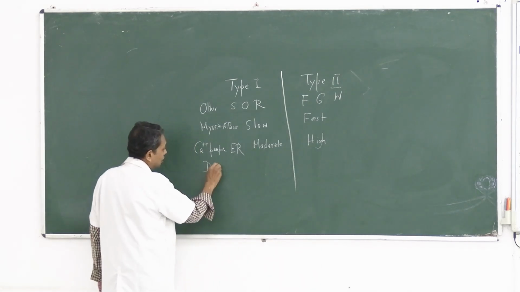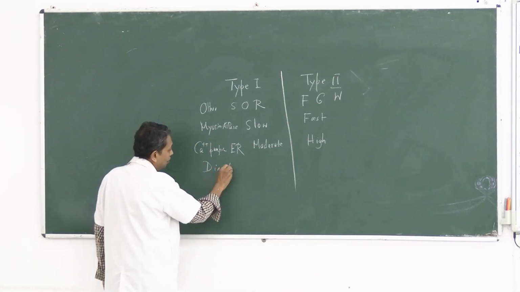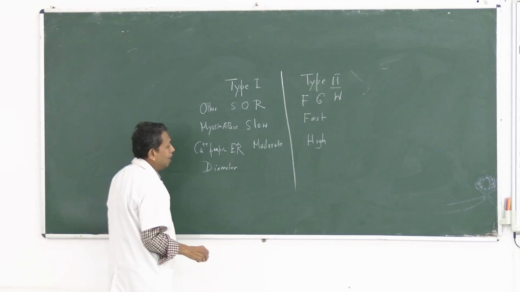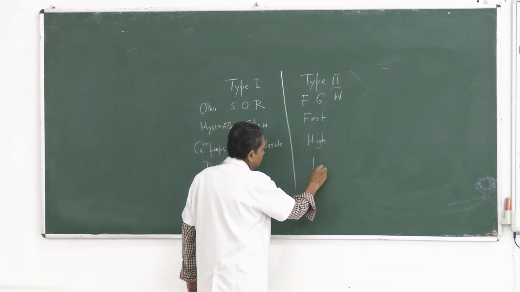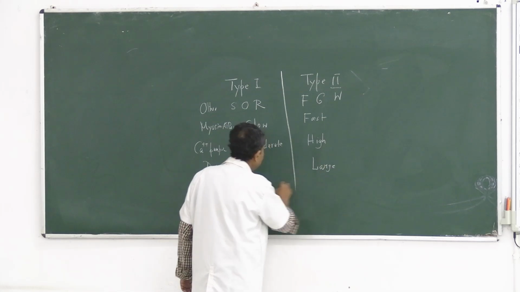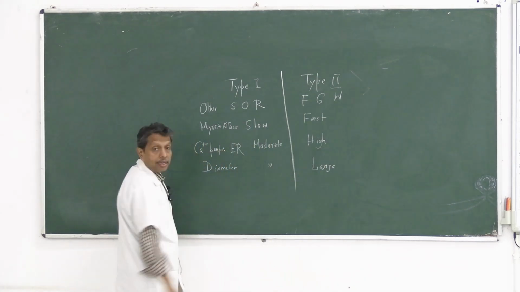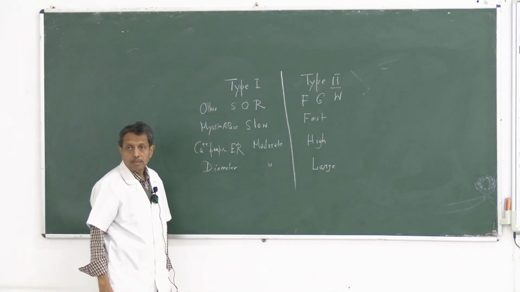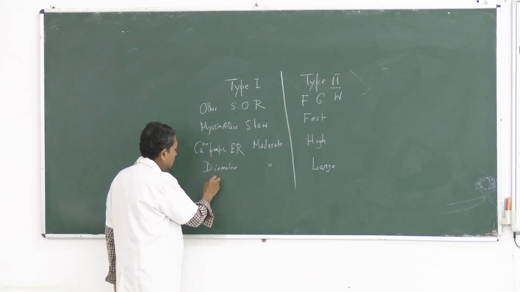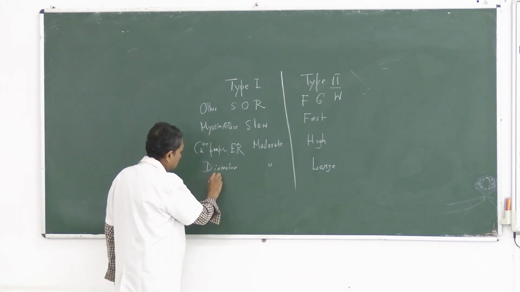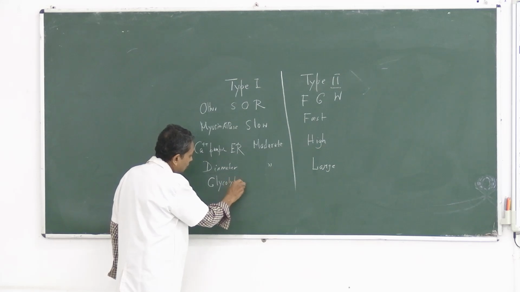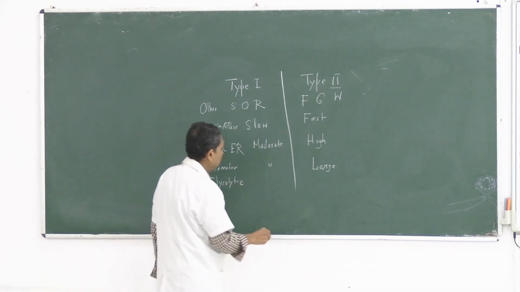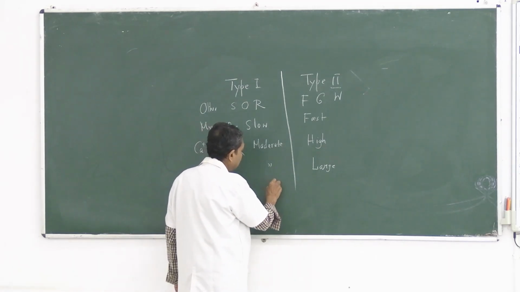Then here, diameter: it is large and it is moderate size. Glycolytic capacity: it is moderate, it is high.